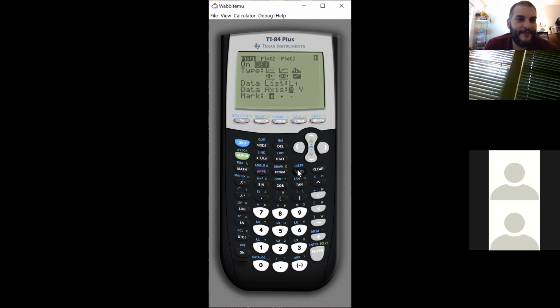We go second, distribution, draw, shade normal. I have to put it all over again: negative 10 to the 10 power, upper 0.068, mu 0.05, sigma 0.0138, and we'll go ahead and draw.